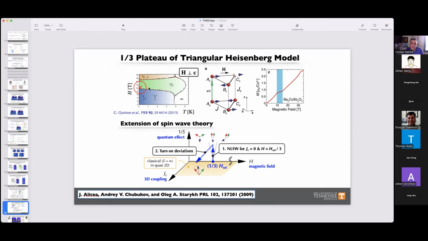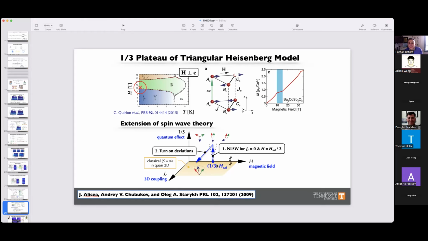So what we use is a kind of extension of the spin wave theory using a very beautiful idea by Jason Alicea, Andrei Chubukov, and Oleg Starykh, where basically the way they managed to still do spin wave theory for describing the plateau is they tune the magnetic field exactly to the classical value where you will get exactly this up-up-down phase. And then they did nonlinear spin wave theory at that point that gaps out the magnon dispersion, right?